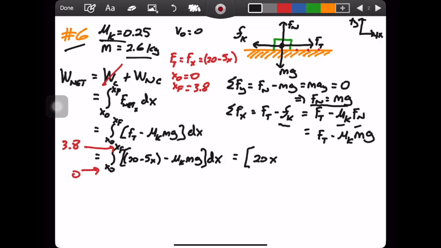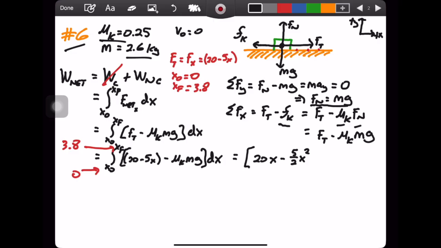If you can imagine, if I took the derivative of that, if I took 20x with respect to x, then x would go to 1 and just be 20. I then have a minus 5x dx. And so to integrate that, I'm going to have minus 5/2 x squared. You see, if I took the derivative of that, I'd have 2 times 5/2, which would be 5x.